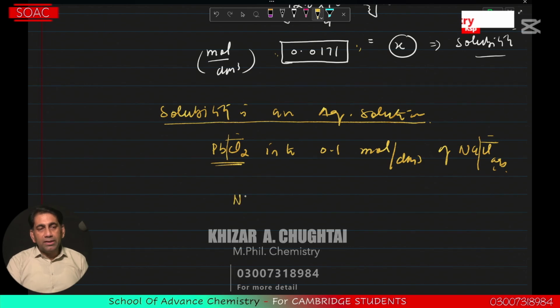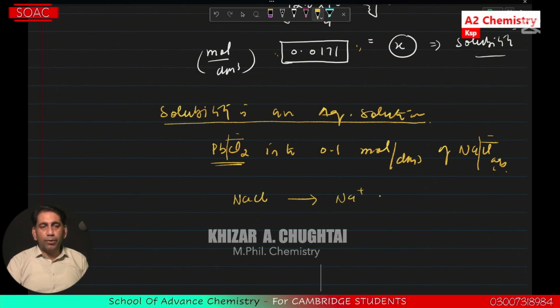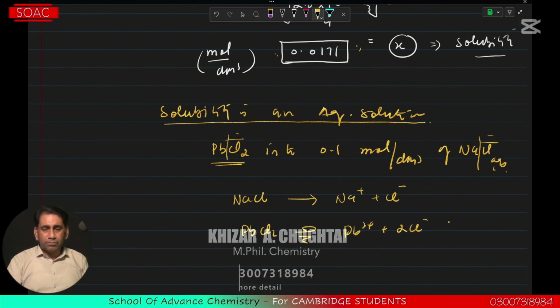So how to find the solubility in this case? NaCl is more soluble than PbCl2, so I'm putting one arrow and writing Na positive ion and Cl negative ion. But PbCl2 will make Pb2 positive ion and 2 moles of Cl negative ion.